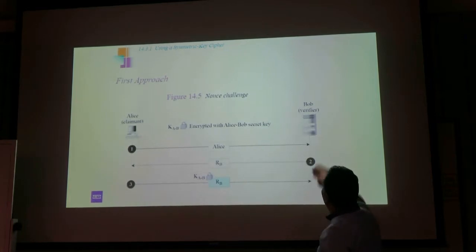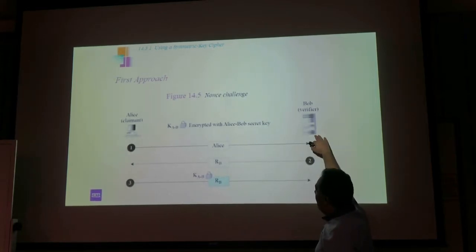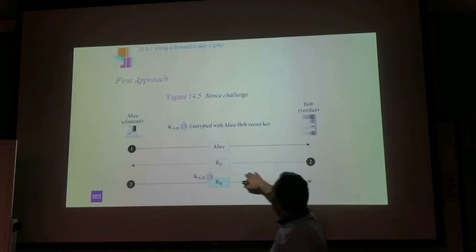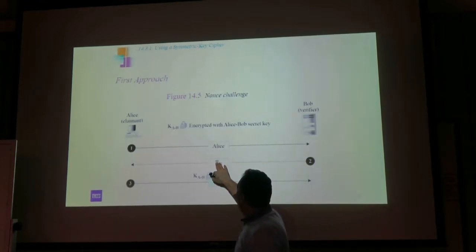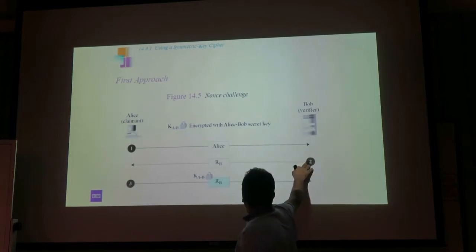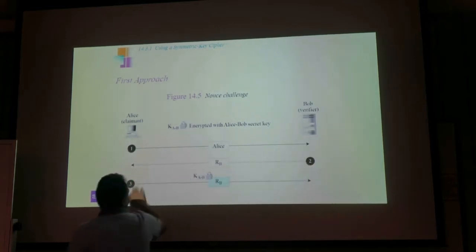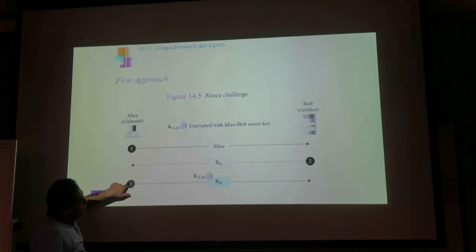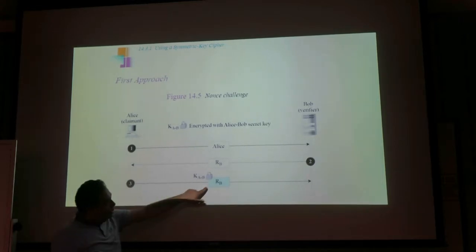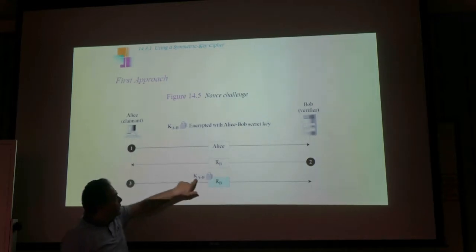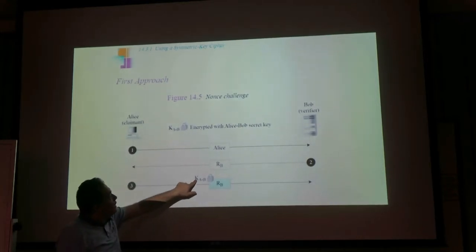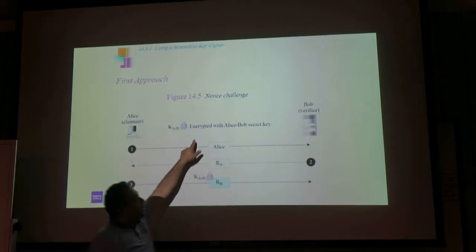The verifier sends a nonce, any value, RB, from Bob to Alice. Alice sends the same nonce, but this time encrypted with the key which is shared between Alice and Bob.